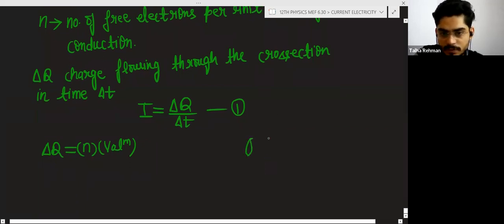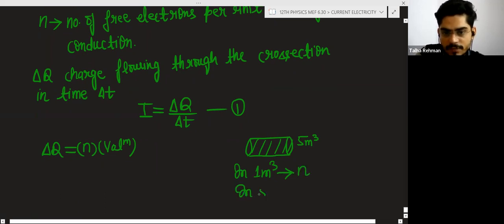Suppose the volume of this conductor is 5 meter cube, and I am saying in 1 meter cube there are n electrons. So in 5 meter cube there will be 5n electrons, means I am multiplying volume with n.